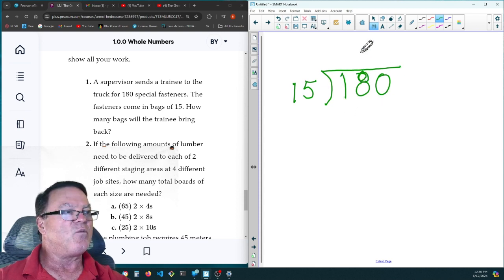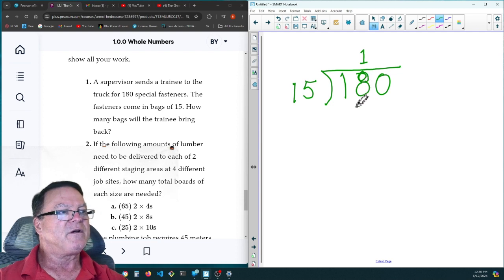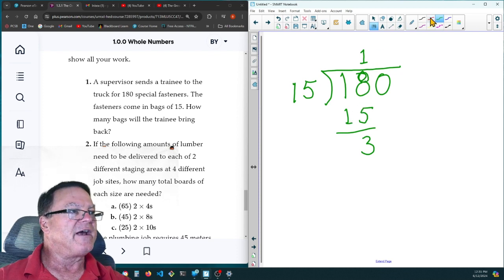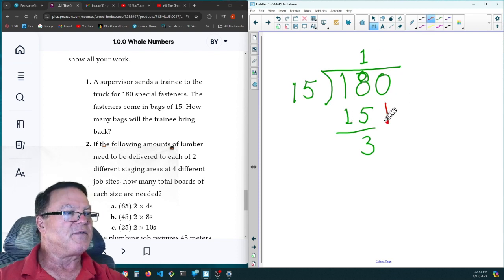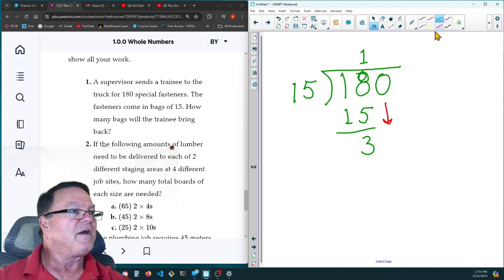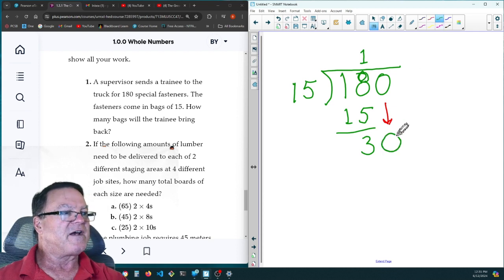15 goes in 18 once, so I'll draw 1, and 18 minus 15 equals 3. Well, now I need to bring down the next digit. I'll bring this 0 down, and I'll ask myself, how many times does 15 go into 30?